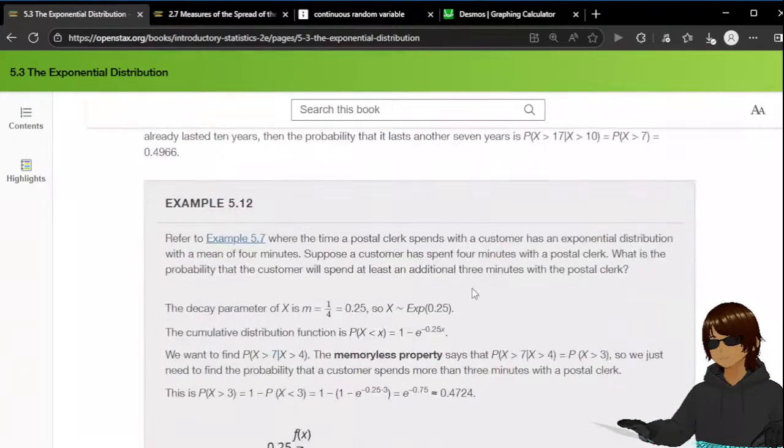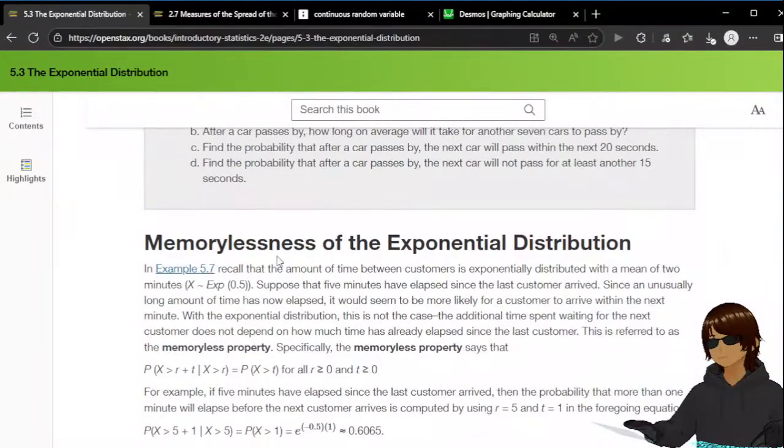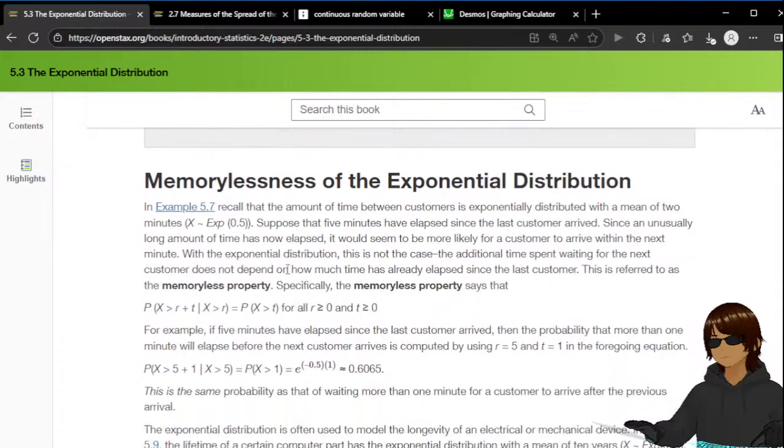Memorylessness of the exponential distribution. Recall that the amount of time between customers is exponentially distributed with a mean of 2 minutes. Suppose that 5 minutes have elapsed since the last customer arrived. Since an unusually long amount of time has now elapsed, it would seem to be more likely for a customer to arrive within the next minute.